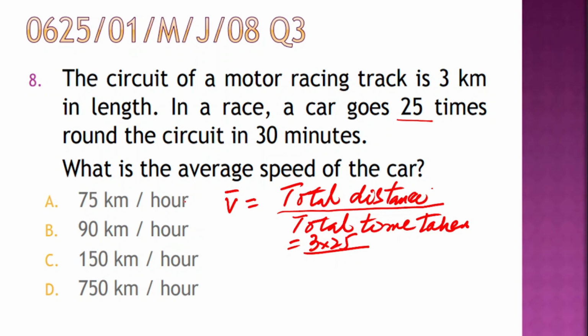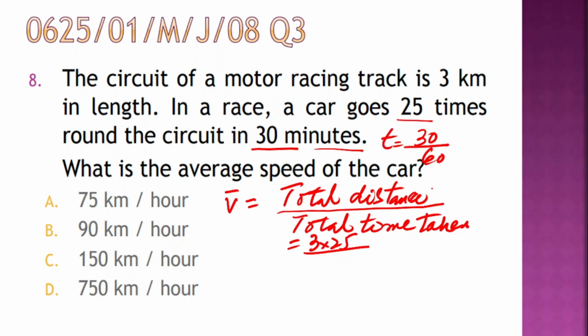But you can see the given options. In all the four given options, the speed is given in kilometer per hour. It means that the time must be in hours, but we are given the time in minutes. So we will divide this 30 minutes by 60 to convert it into hours.